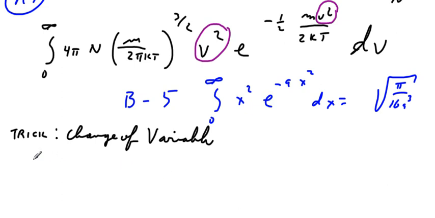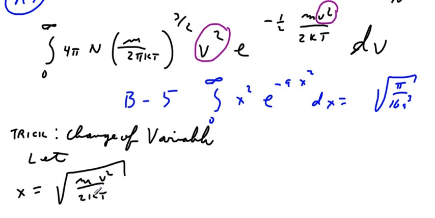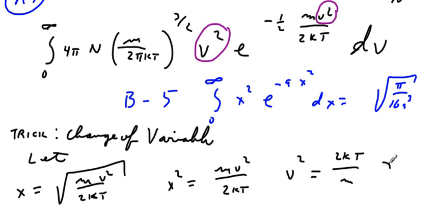And so we're going to let x equal the square root of m v squared over 2kT. And we're going to let x squared be equal to m v squared over 2kT. And we're going to let v squared be equal to 2kT over m times x squared.